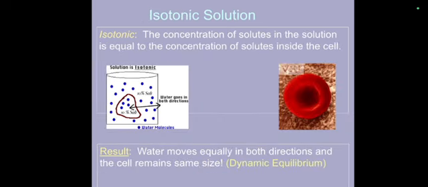Isotonic means the concentration of solute in the solution is equal to the concentration of solute inside the cells. The result is water moves equally in both directions and the cell remains the same size. That is dynamic equilibrium.